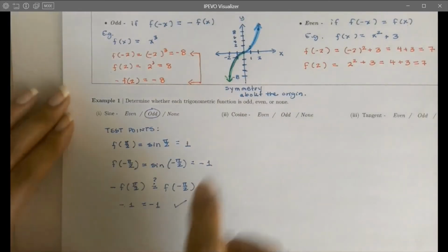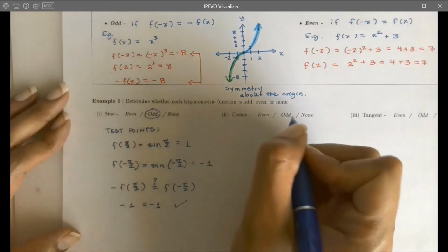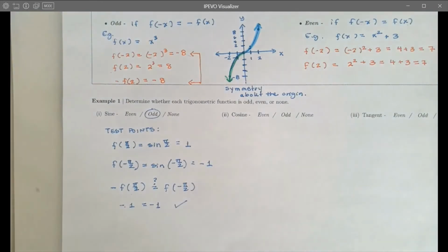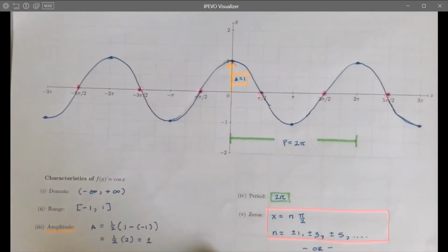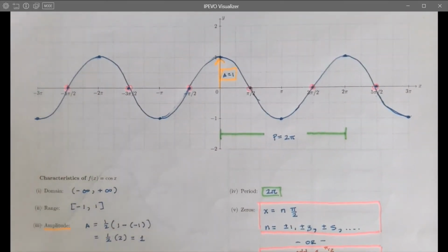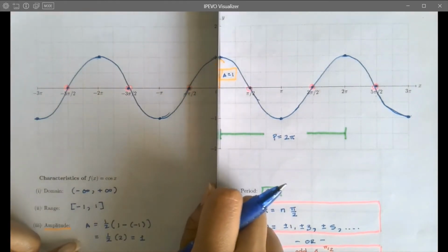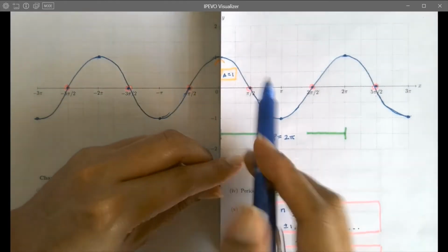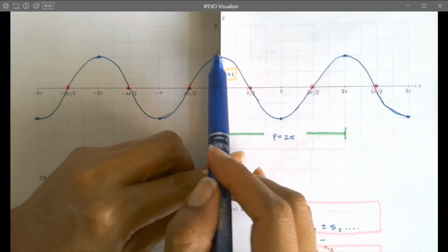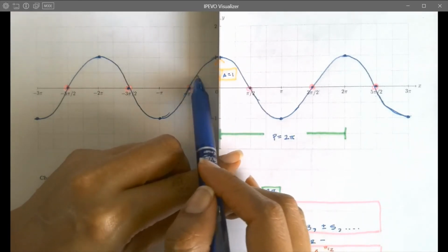Okay, what about cosine? For cosine, if we look at the graph, we said the easiest symmetry to check for is symmetry about the y-axis. If we use the y-axis as a mirror, is it true that the right-hand side of the graph reflects across into the left-hand side?